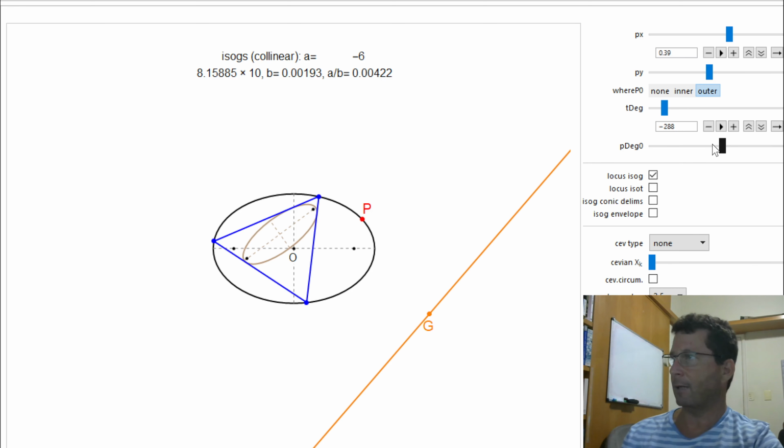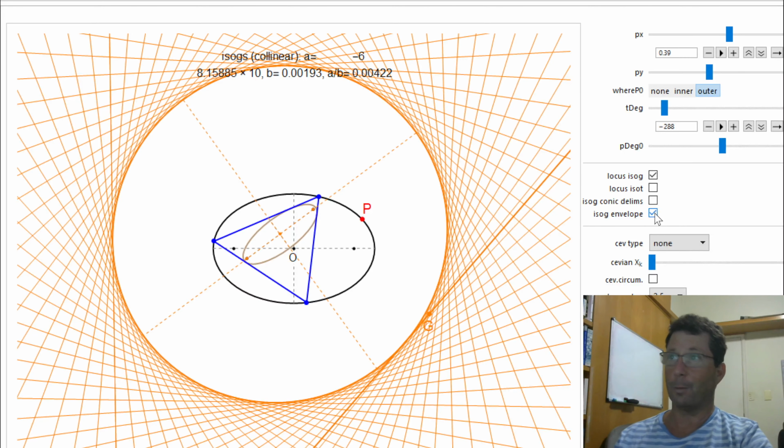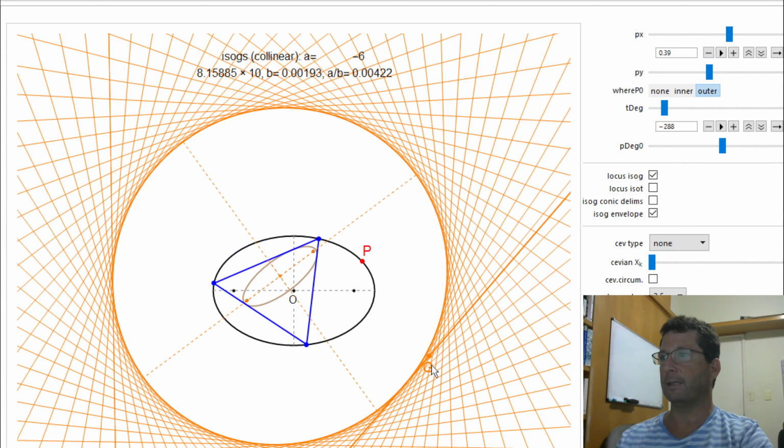I numerically figured it out, and I'm going to light it up over here. It's quite a surprising result. This envelope is an ellipse which is confocal with the caustic. First, I'm doing a visualization of what this envelope is. Let's move P around.